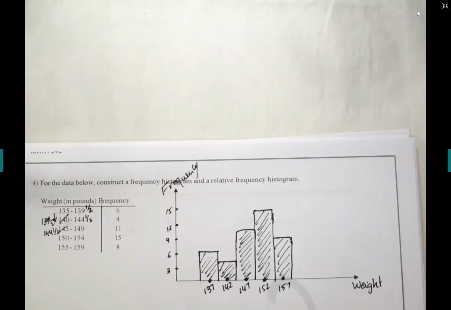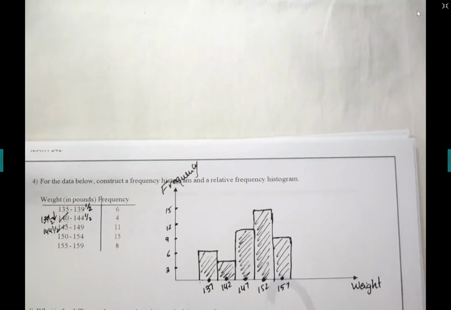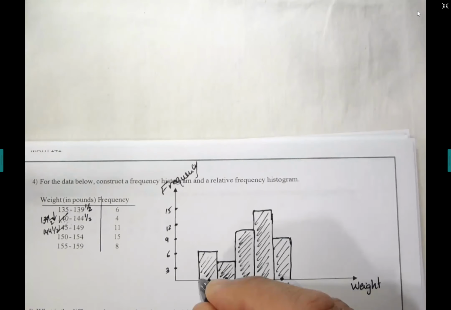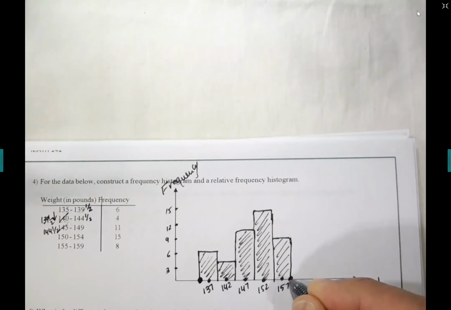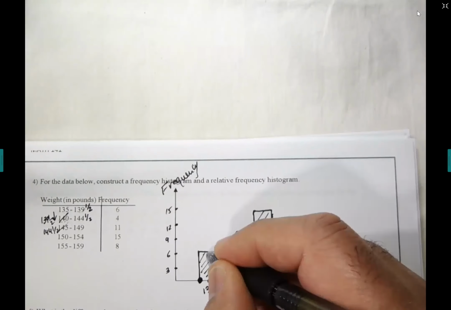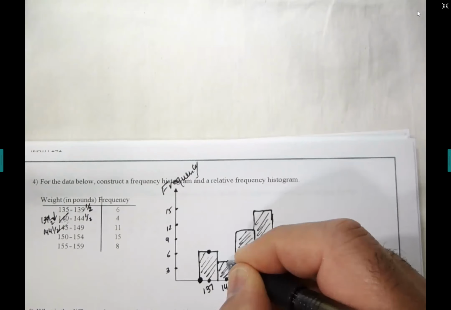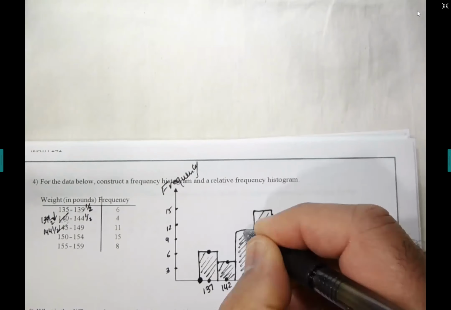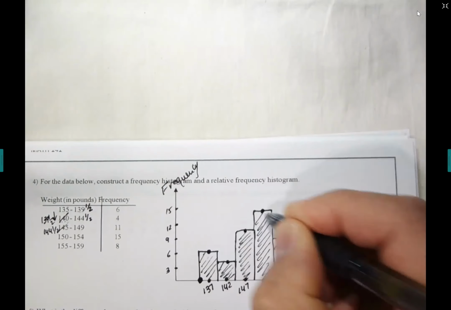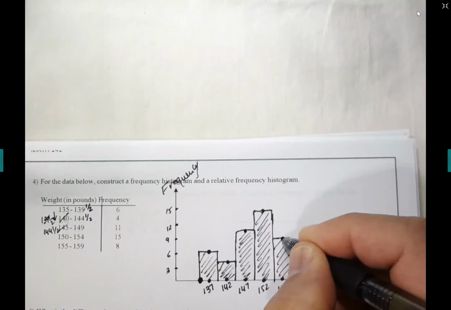Watch, guys, look how you construct it. You label the beginning of the first bar and the end of the last bar. Then you pinpoint the center at the top. And look, this is a polygon graph.